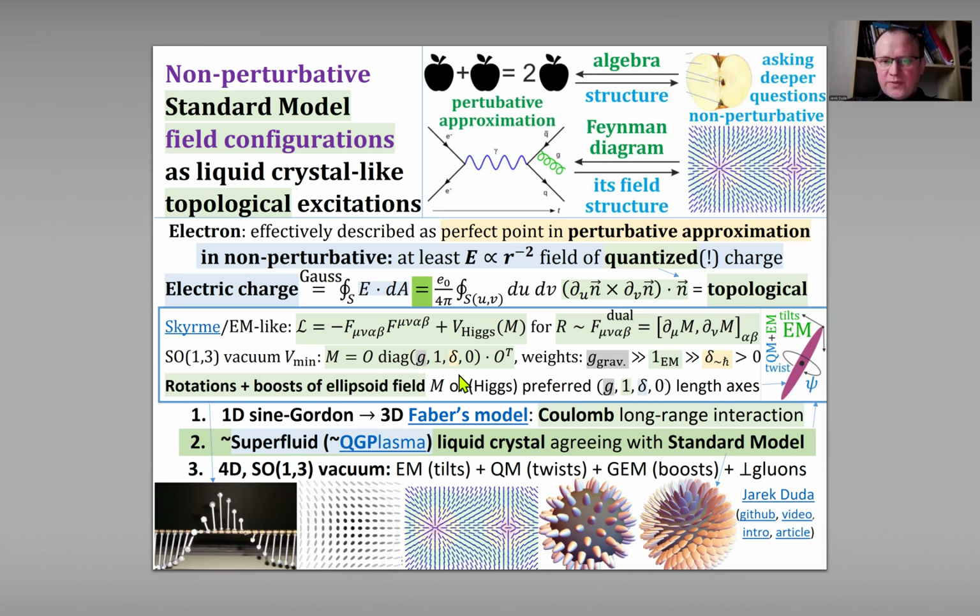So here is the final shape of the molecule I will use. But in the center of the singularity, like here, it has to be regularized to get finite energy. So I will start with this one-dimensional situation, then go to this liquid crystal-like situation, and try to convince you that there is very nice agreement with particle physics.